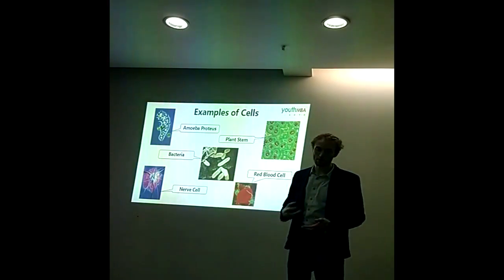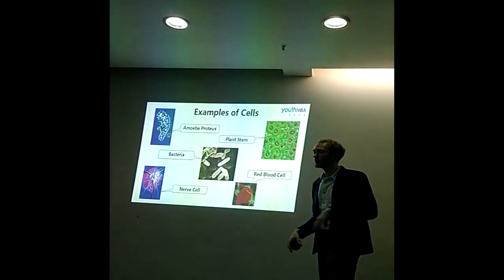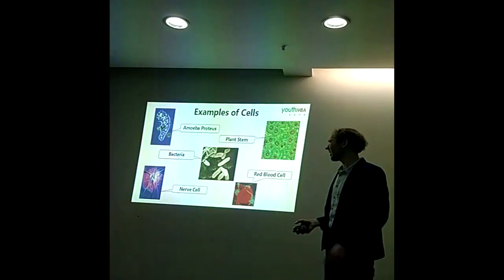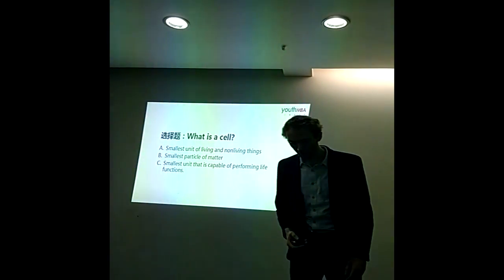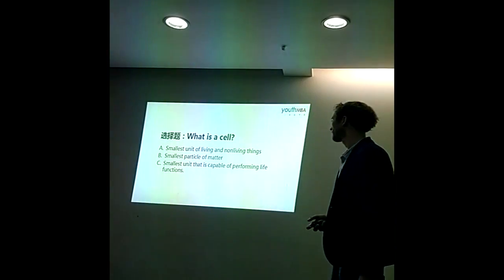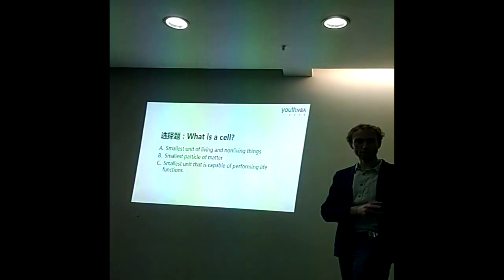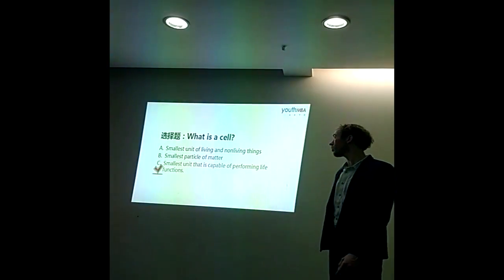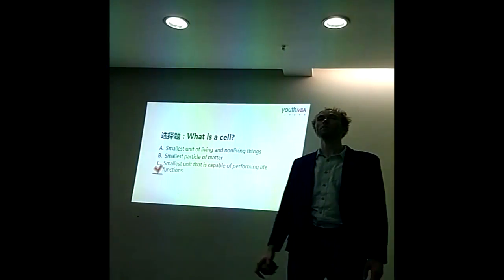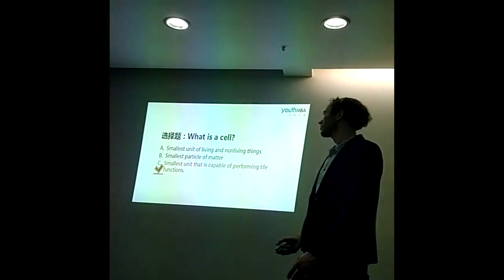Yes, bacteria, they're living all over our body, everywhere. So my question is, what is a cell? Somebody says C, somebody says A, B. The right answer is C, the smallest unit that is capable of performing life functions.